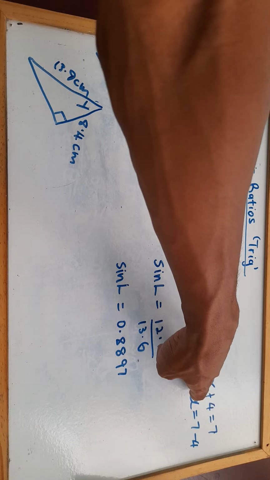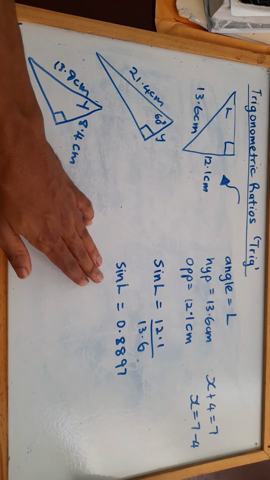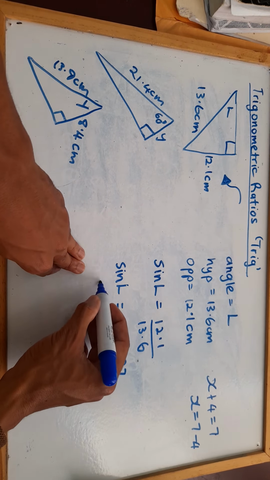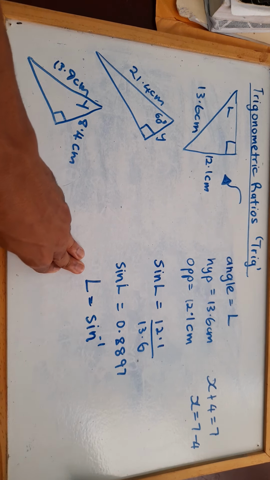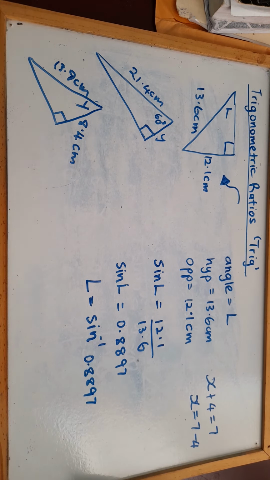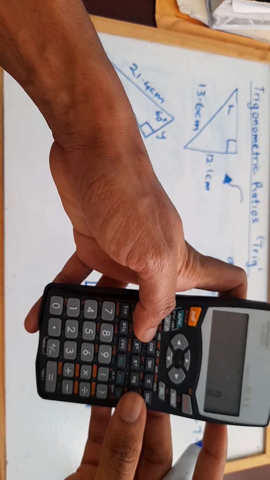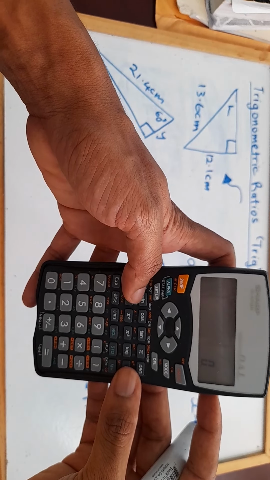When we carry over an operation, say plus, it becomes minus. So what happens when we carry over sine? It becomes something called sine inverse of 0.8897. So we carry over the sine to get L by itself. And how do we get sine inverse in a calculator? It's commonly above the sine button itself, in orange here.